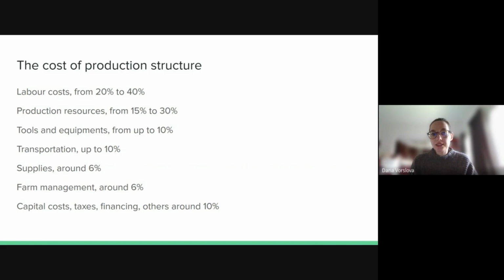Tools and equipment, like buying equipment, investing in the farm, because it's a kind of infrastructure. You need to have infrastructure to produce coffee. It costs a lot of money, especially if you want to make high-end coffee, especially now.